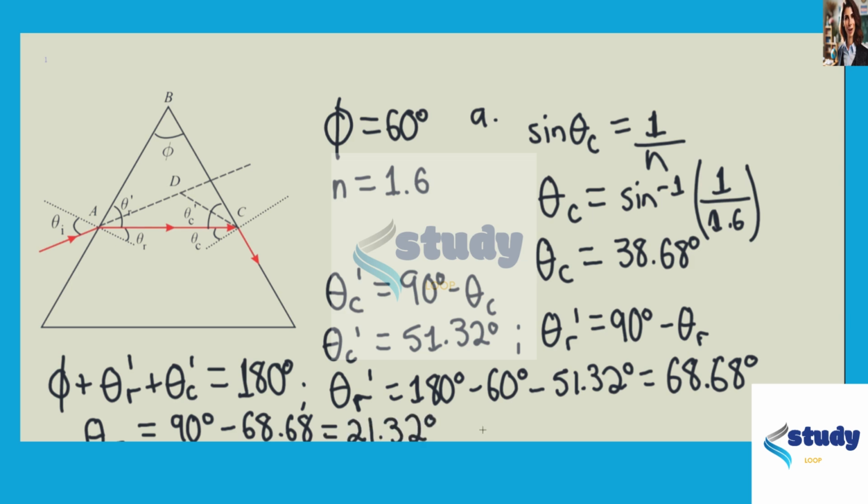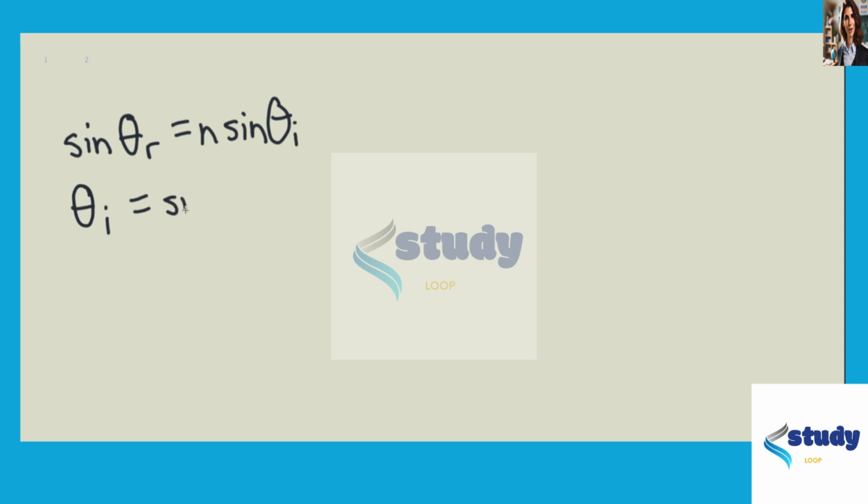which equals 21.32 degrees. And then we're going to apply the angle of refraction for the first interface of the prism. So we can say that sine of theta sub R would be equal to 1 over n sine of theta sub I, and so theta sub I would be equal to arcsine of 1.60 times sine of 21.32 degrees.